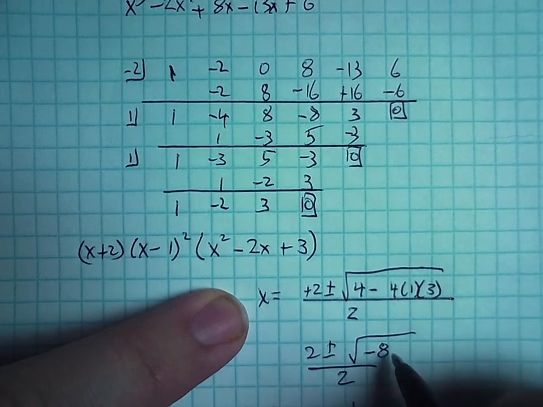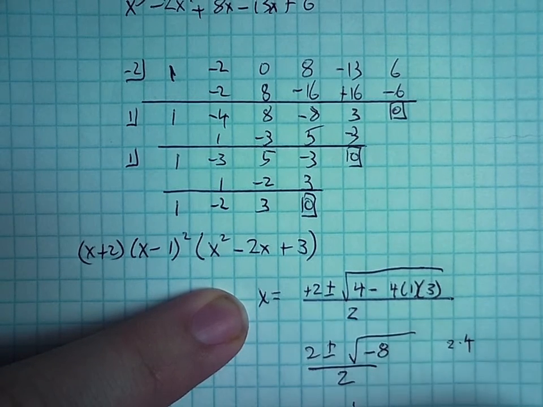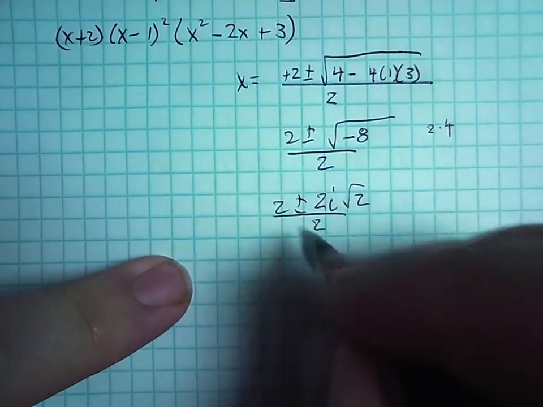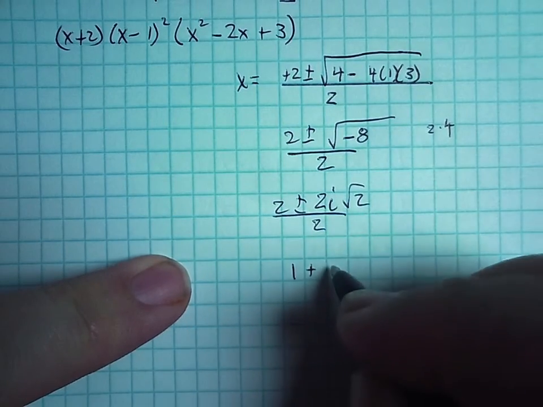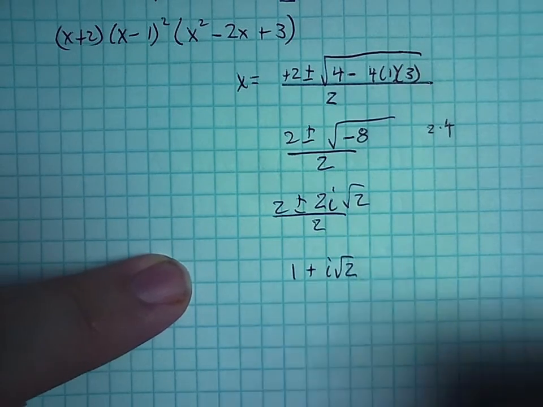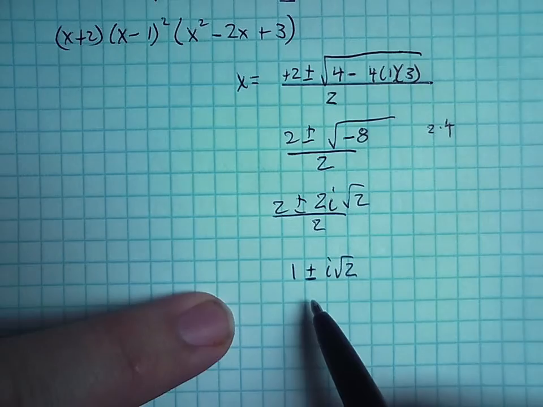That's i. 8 is 2 times 4. The square root of 4 is 2. There's the square root of 2 left behind. So the 2's all cancel. I get 1 plus i times the square root of 2. Oh, plus or minus. So that's my last 2 solutions.